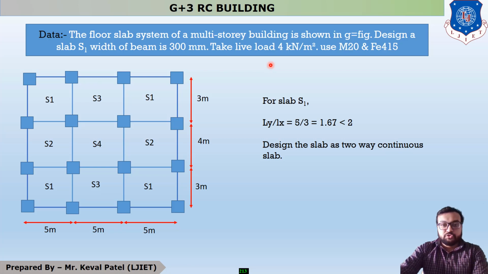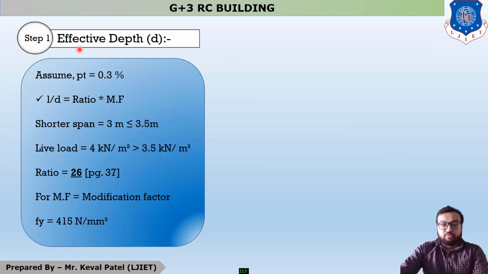In the last lecture, we completed our step number 1, in which we found the value of small d. The equation to find small d is L by d equal to ratio into modification factor.